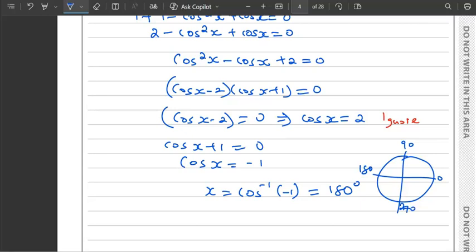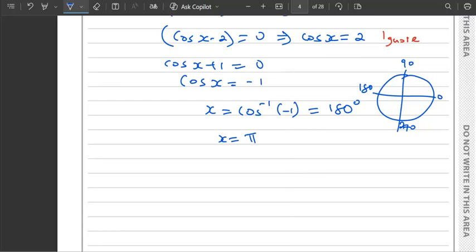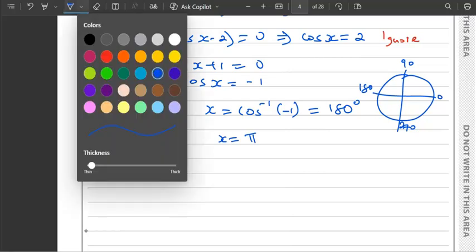Alternatively, in terms of pi, x is simply equal to pi. So this is the solution for Roman 1. We can go ahead and answer Roman 2.